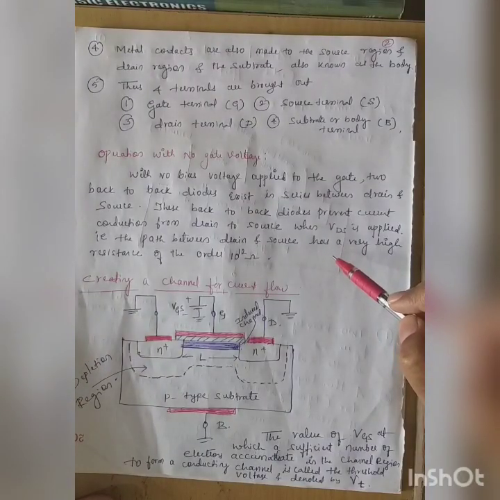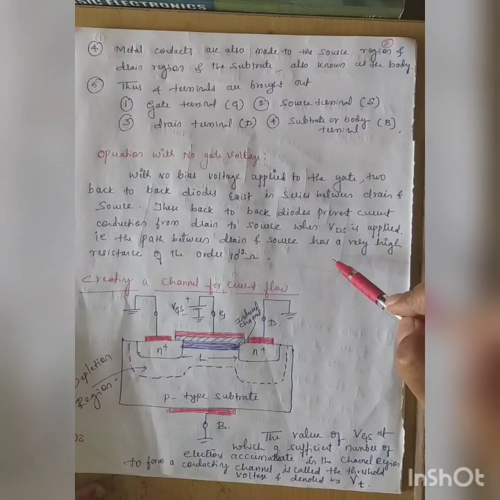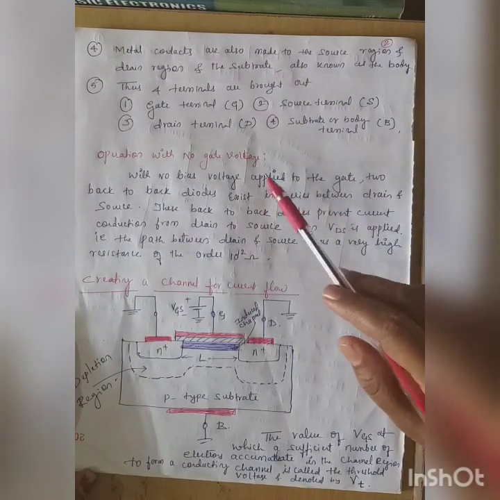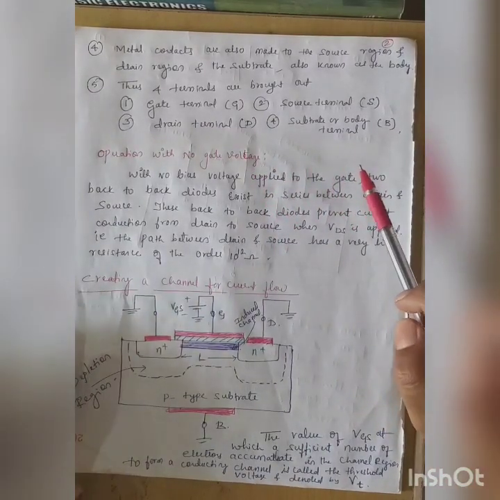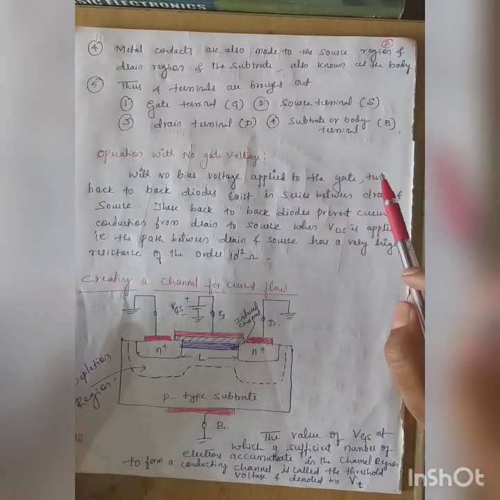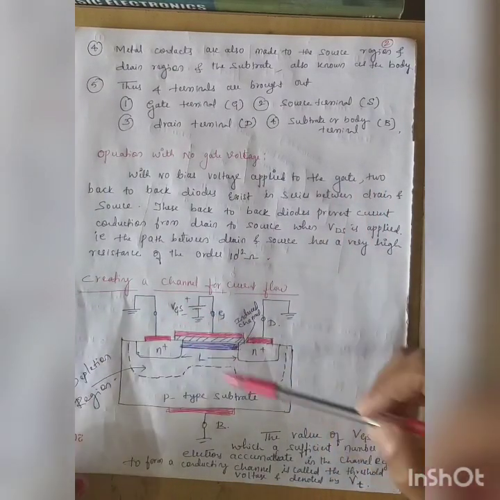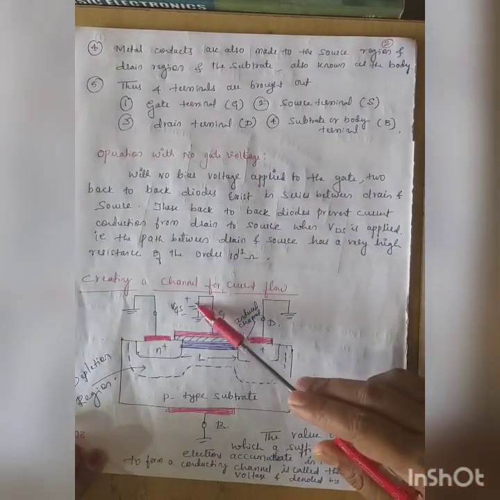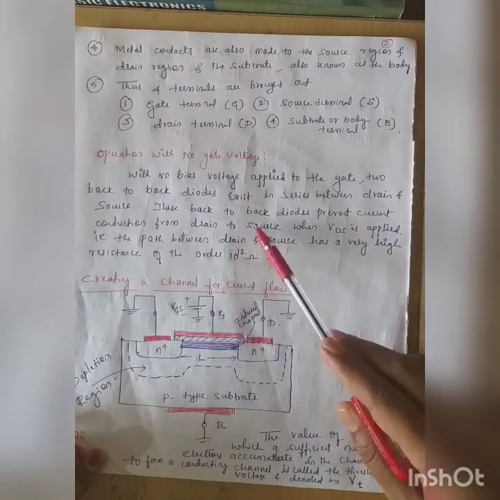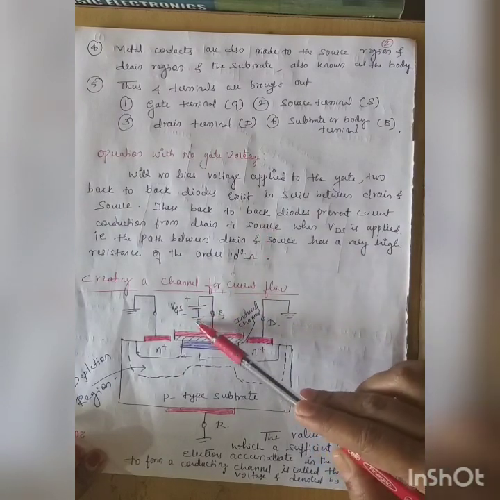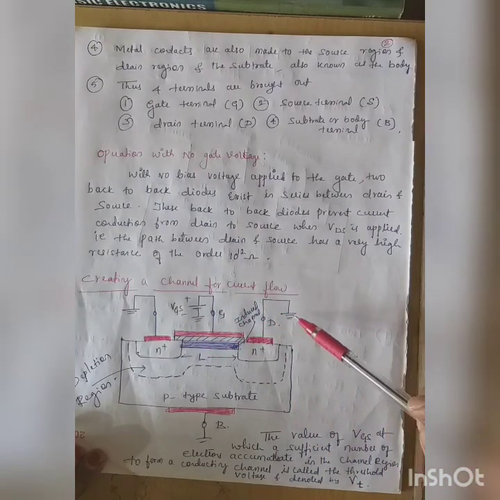Okay, with that structure we will just see how it operates. Without connecting any supply voltages, that is, no bias voltage applied to the gate, just refer to this diagram. Here I have shown the VGS, but for this section you assume that this supply is also not there. We are not applying anything.